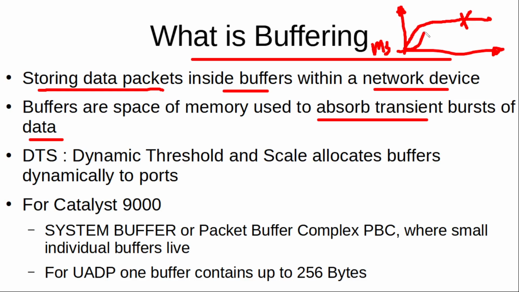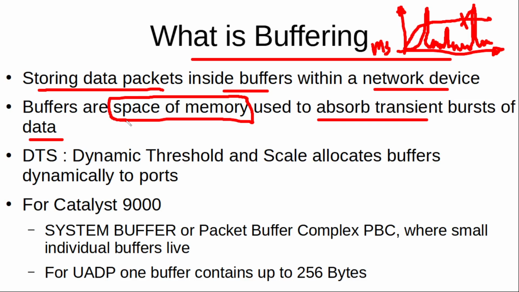In reality, we have bursts, peaks of traffic and then nothing, and then another peak of traffic and then nothing, and then another peak of traffic. That is what happens in reality. So we need to have a space of memory where we are going to store packets that are waiting to go out into the line, and that we are going to call buffers.